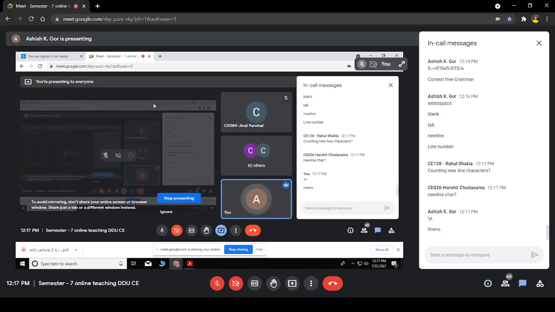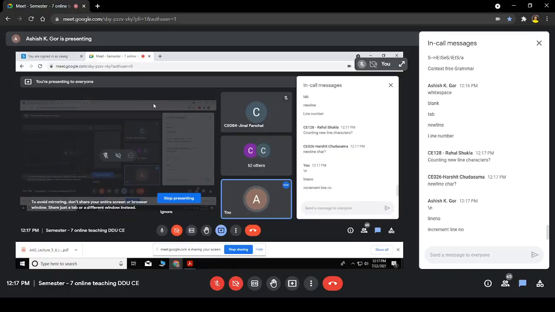You take some variable called line number, initialize it, and every time when slash n comes, you increment line number. So with every line of the program, there will be a line number associated. So the lexical analyzer also keeps track of line number. Association of line number with program statements is also carried out by the lexical analyzer.